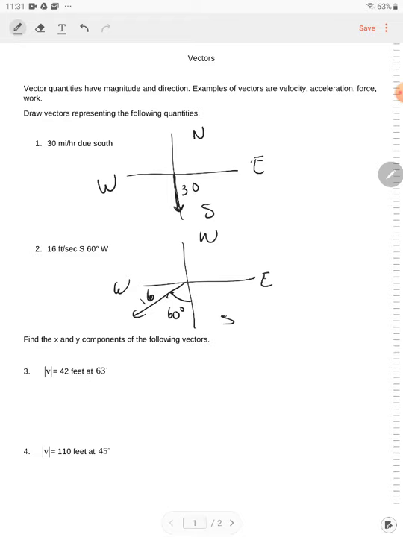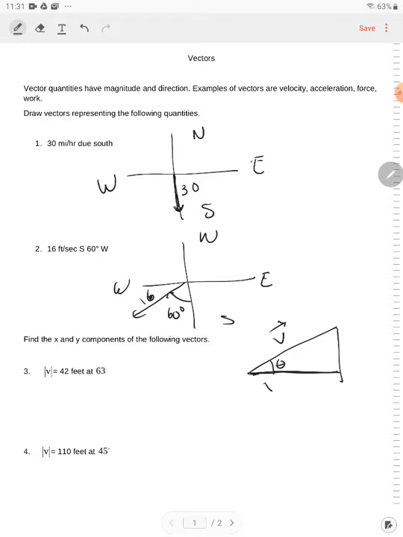We want to find the x and y components of the following vector. So the vector is drawn. The vector is actually the hypotenuse of a right triangle. If we draw this with the side along the x-axis, that's the initial side. Here's our theta.